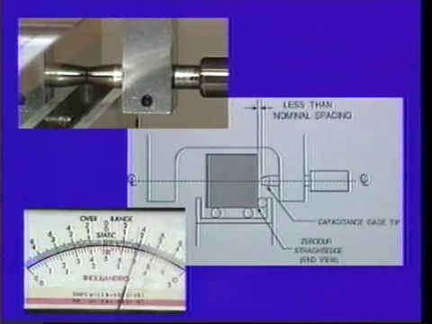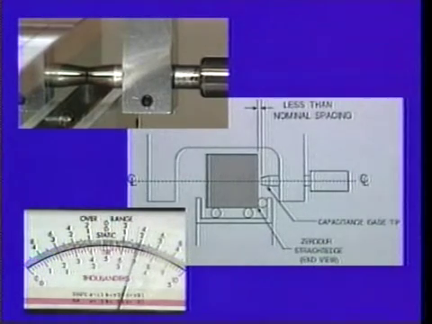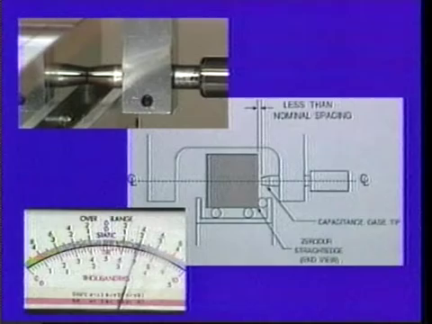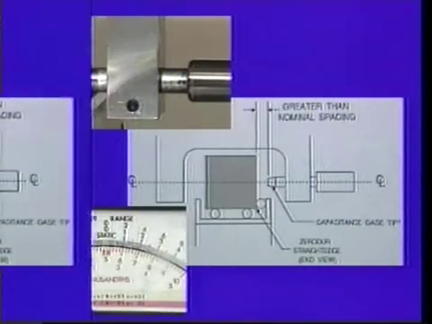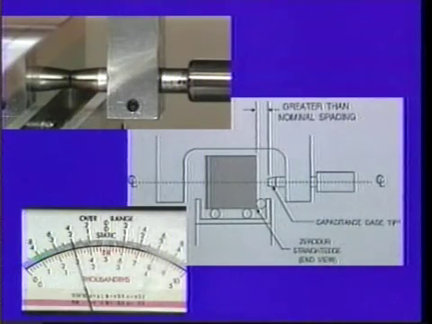The output signal voltage would become a positive value determined by the output factor of 2.5 micrometers per volt. An increase in the separation beyond the nominal separation would result in the display needle moving to the left of center by an amount corresponding to the increase. The output signal voltage would become a negative value determined by the output factor of 2.5 micrometers per volt.